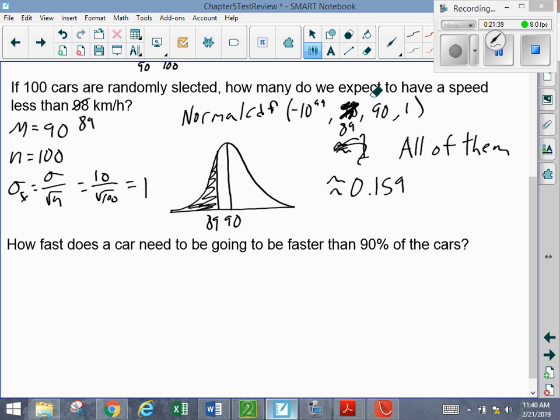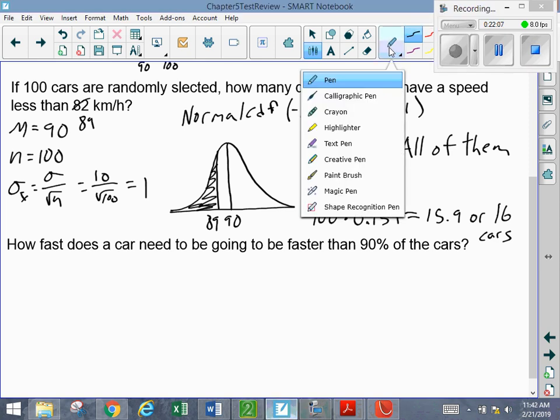If I wanted to know the number of cars, then what I would have to do is multiply 100 times 0.159, which turns out to be 15.9, or 16 cars. Okay? Yeah, it's really easy to change it, so there's another example.